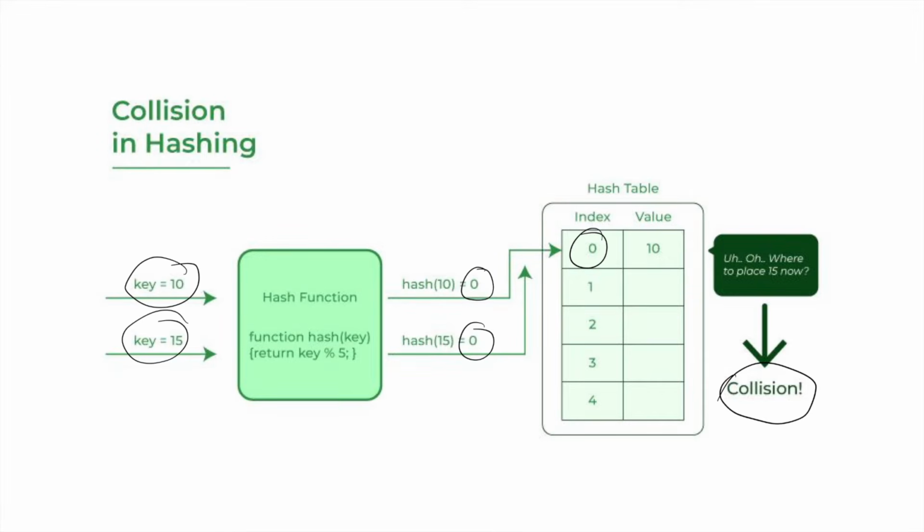Again, to describe collision, right here in this example, we have a key of 10 and a key of 15. When you put these into our hash function, we produce an output of 0 for both inputs, which means this algorithm wants us to store the data of both keys at position 0 in our file. Again, this is an example of collision. Where are we supposed to put this data?